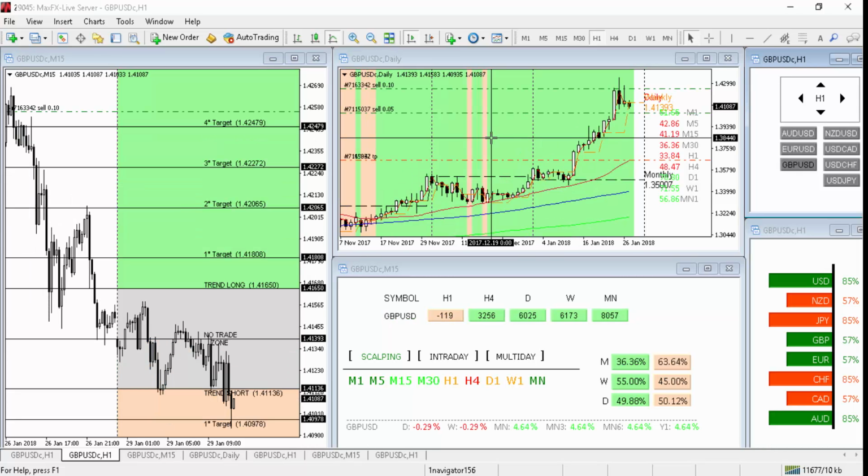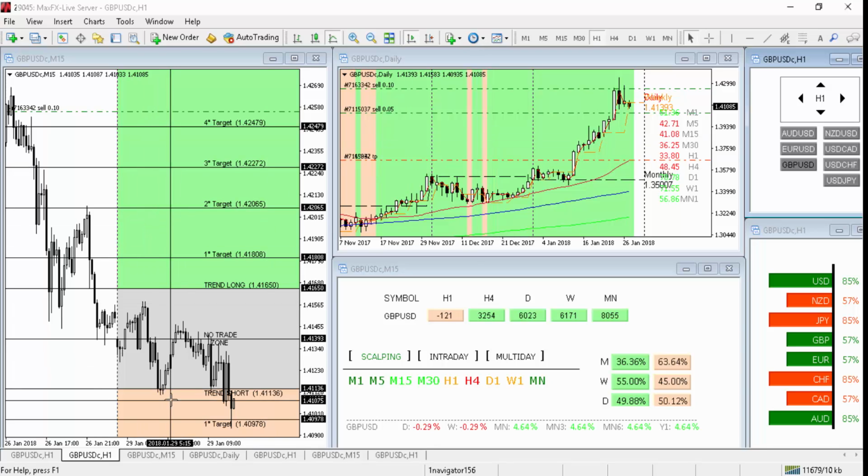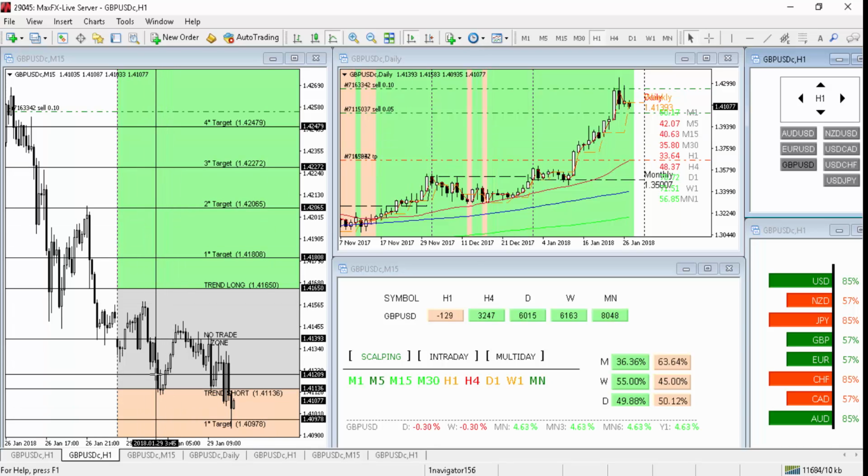The cable is moving in a bearish tendency just inside the bearish zone of the target geometry below the entry level at 1.4113. Market is now trying to correct upward after the intraday low marked at 1.4094. In fact, we have a bullish price action at a scalping level, although the higher time frames are moving in a bearish tendency and we have a breakout of the previous low on the H4 time frame.